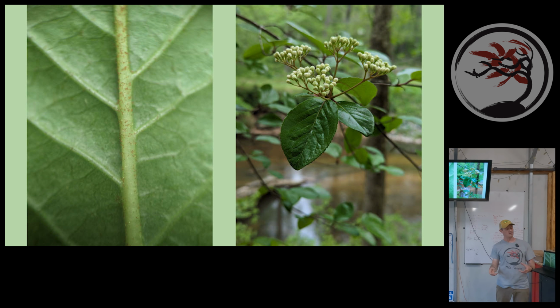The leaf is going to be very similar to possum haw viburnum, but the reason it's called rusty black haw is that if you take a close look at the midrib on the underside of the vein, you're going to see these reddish hairs, and it's also going to have a glossier, thicker leaf. I think this might be my favorite aesthetically of our native viburnums, also because it just gets a little bit bigger and more tree-like.